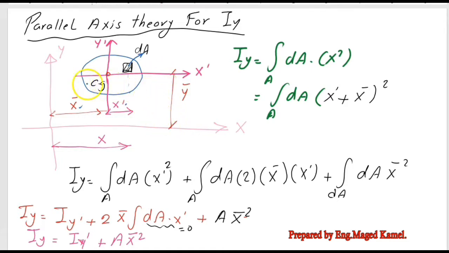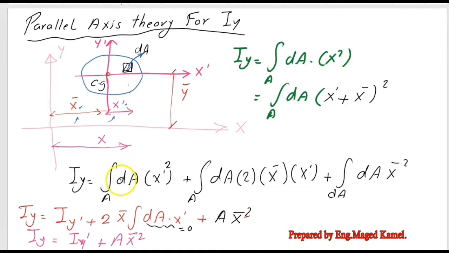If we are going to estimate the moment of inertia about this y-axis, it is the integration of dA multiplied by this x distance. The x distance can be estimated as a sum of two components: this is the x bar, plus this one is the x dash distance. All will be squared, same as we have done before.